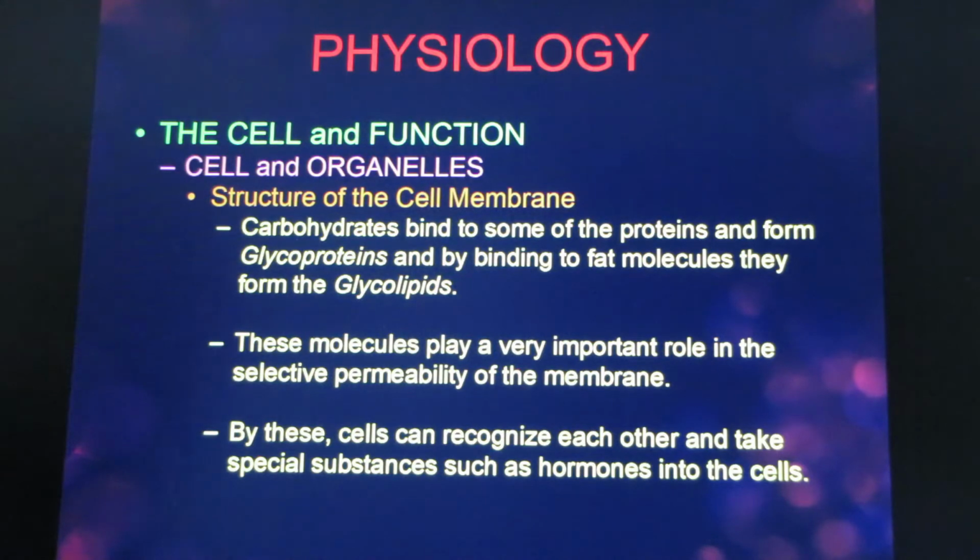These molecules play a very important role in the selective permeability of the membrane. By these, cells can recognize each other and take special substances, such as hormones, into the cells.